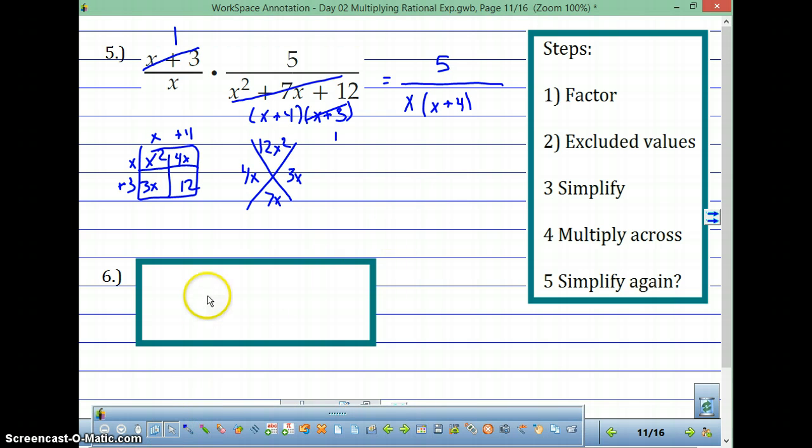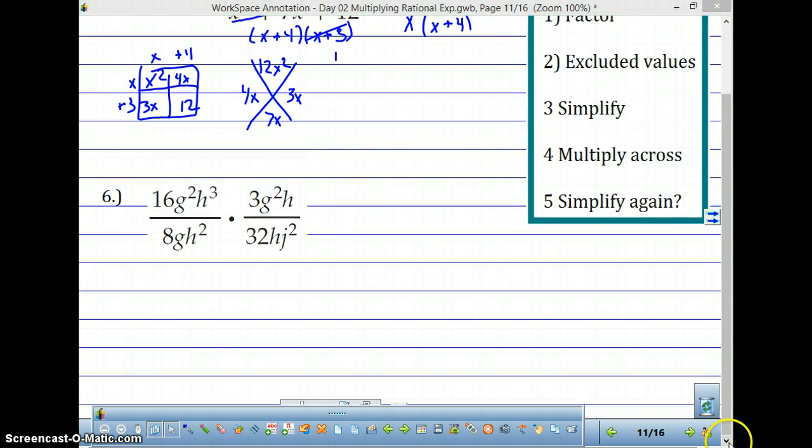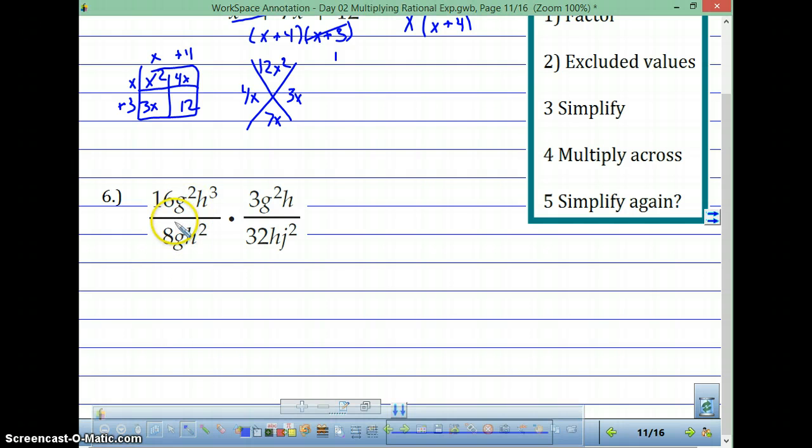Okay? Let's try this one. All right. Well, this one we don't have to factor. Hooray. It's just a matter of simplifying and cross-canceling. So let's start by simplifying this 8 and this 16. That becomes a 2. This becomes a 1. How about the g's? We can simplify those.